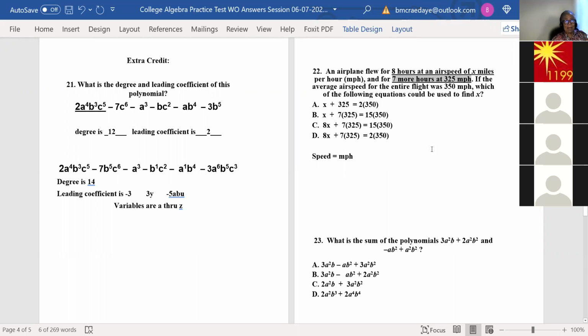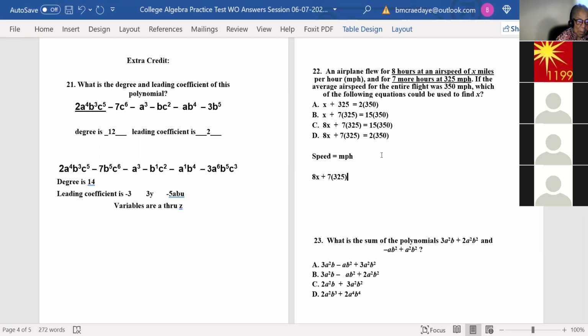So you'd have 8x. That's for the 8x miles per hour, right? Plus 7 more hours, but they gave us that speed, times 325.